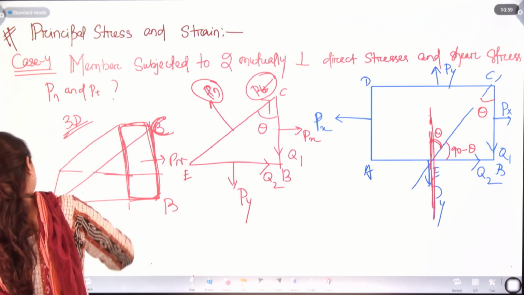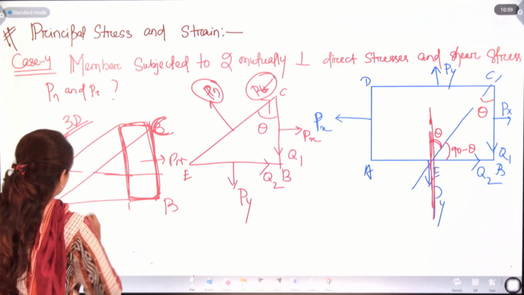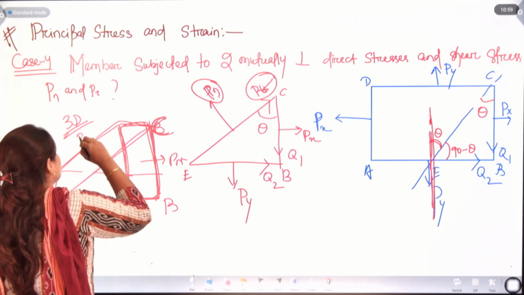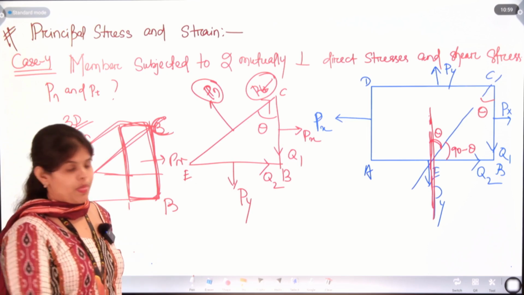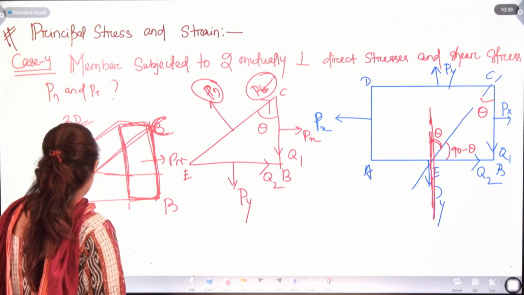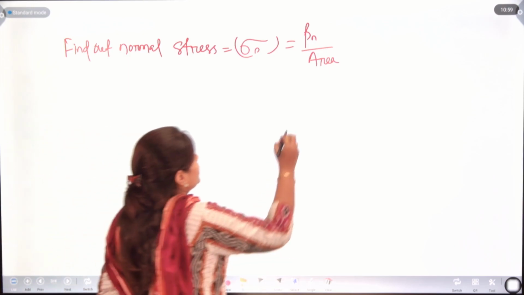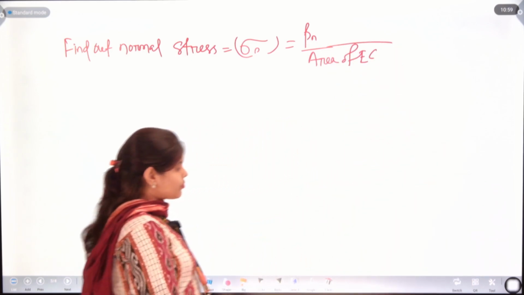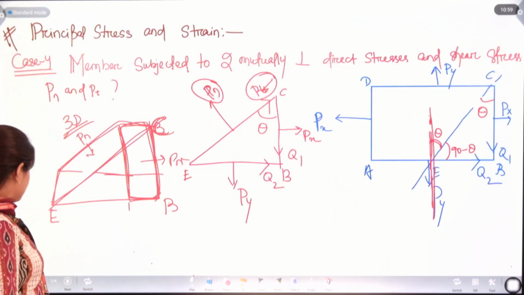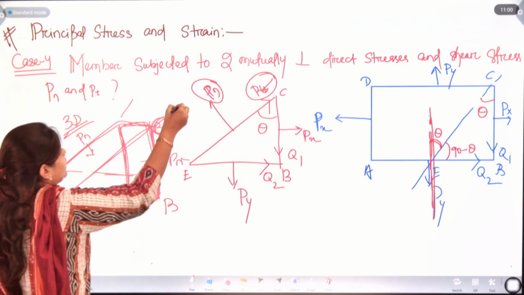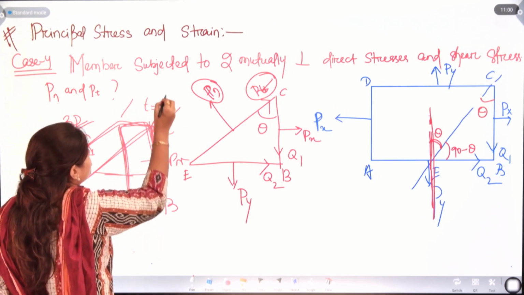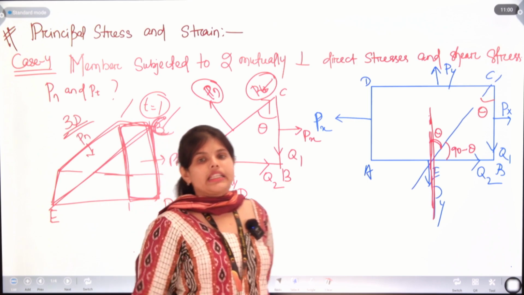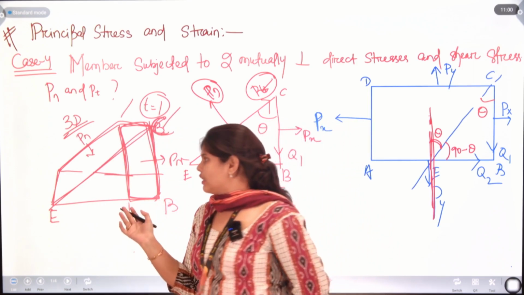Similarly, this EC plane is for Pn force. So, we can write area of EC. Now, how to find out the area of EC? Let's take the thickness equal to 1. If we put the thickness as unity, then our area will be EC only.